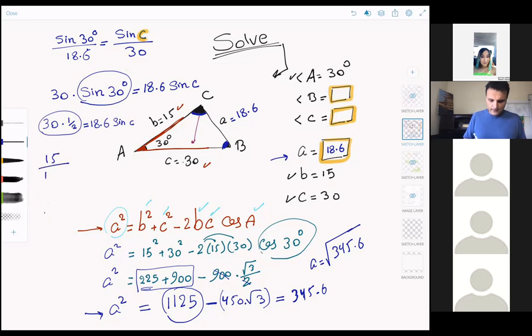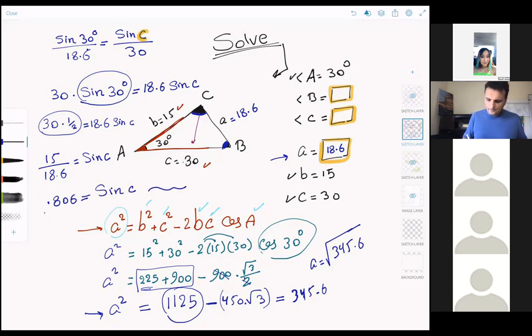I divide by 18.6 equal to sine of C. What is 15 divided by 18.6? It is 0.806. This is sine of C.